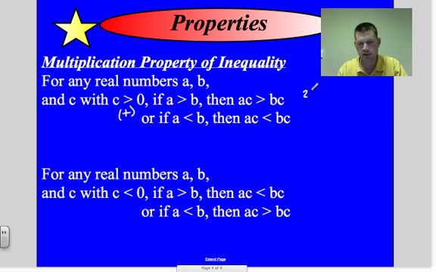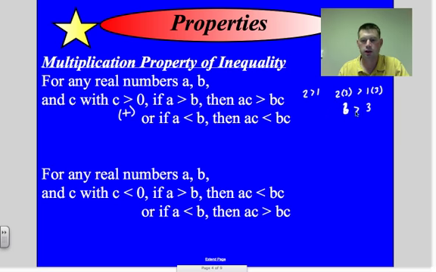So for example, a nice easy one, 2 is greater than 1. When I multiply by a positive 3 to both sides, it doesn't change my answer. It's still 6 is greater than 3.